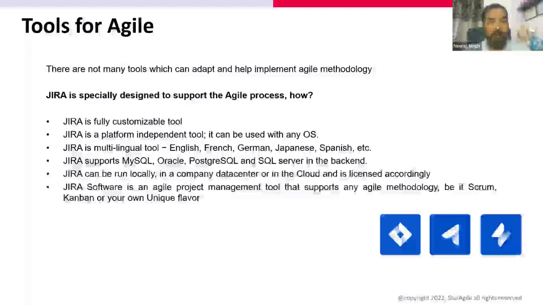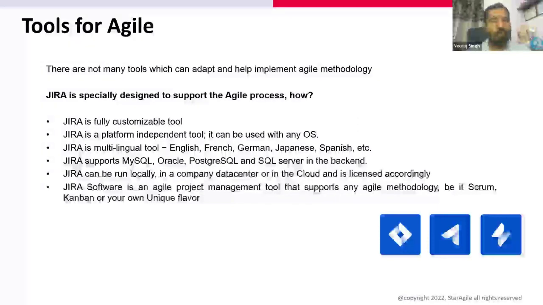We have Jira Software, Jira Product Management, Jira Align, and we do have Jira Service Management, but not for Agile, right? So three different variants are dedicatedly created only for Agile, which are Jira Software, Jira Product Management, and Jira Align. Jira Software is for all other methodologies. Jira Product Management is for overall product management, and Jira Align is specially built for SAFe, Scaled Agile Framework.